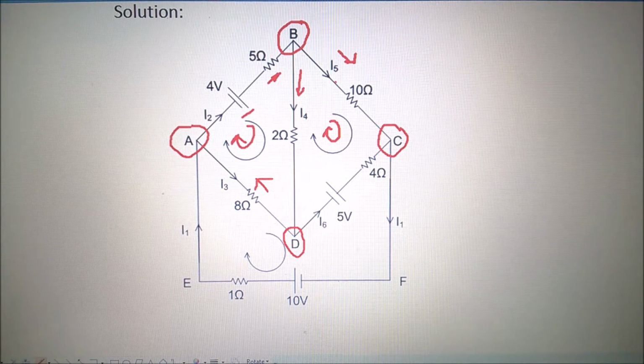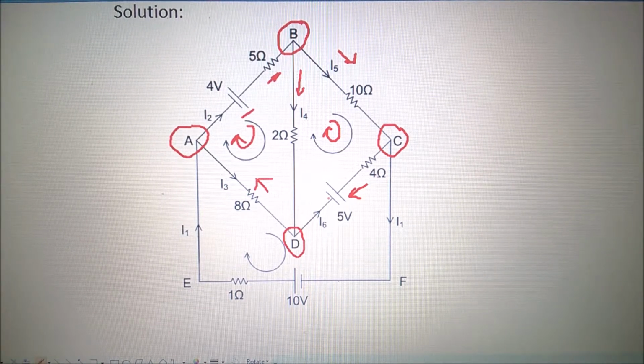Therefore, it is a minus 10 into I5. Now if we come to branch CD, we are moving in the opposite direction of current I6. Therefore, it will be plus 4 into I6.